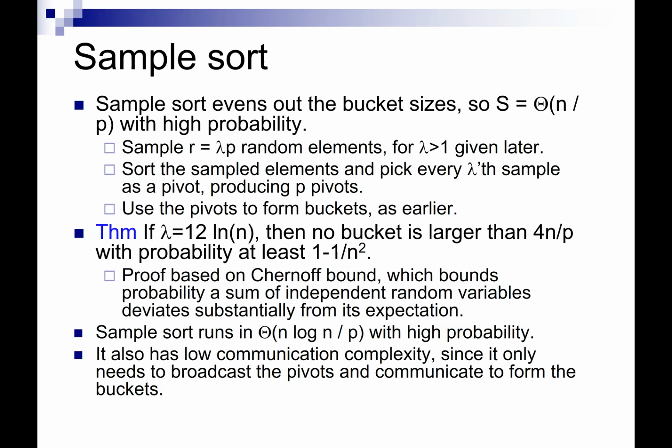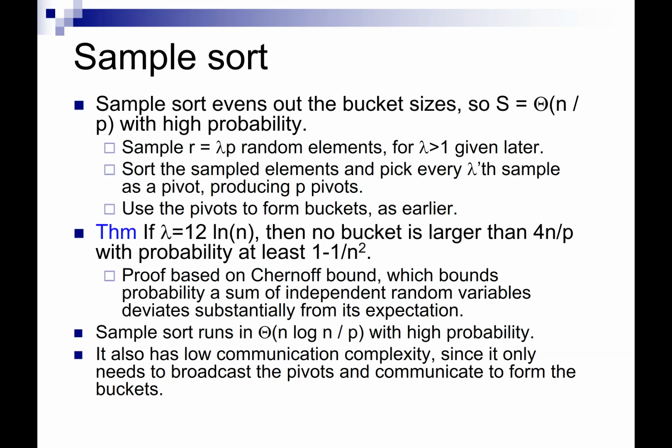I'm not going to get into the proof of this. The proof uses something called Chernoff bounds. Chernoff bounds are a very useful technique in the analysis of randomized algorithms, and it basically lets you bound the probability when you add a bunch of independent random variables together.